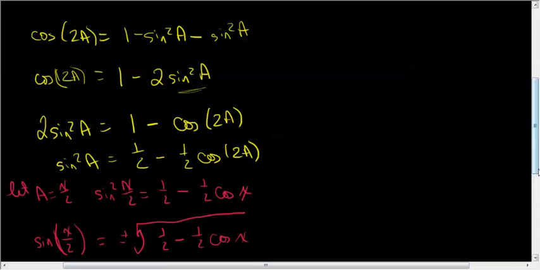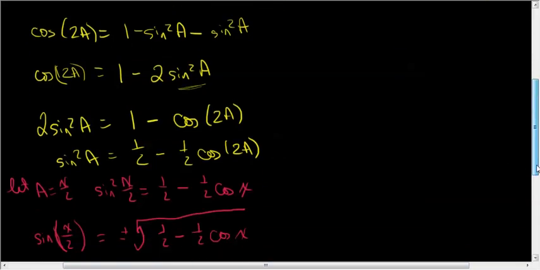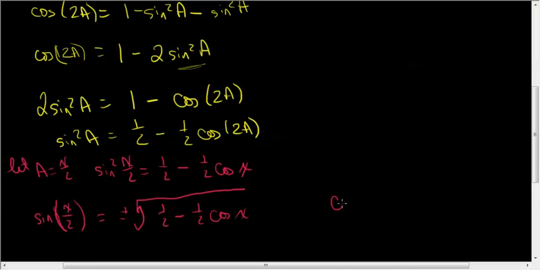And you can develop the cosine of the half angle in a very similar way, and you'll get the cosine of x over 2 is plus or minus the square root of, I have to find my half angle identities. Yeah, I'm supposed to know these. Cosine of x over 2 is plus or minus the square root of 1/2 plus 1/2 cosine of x.